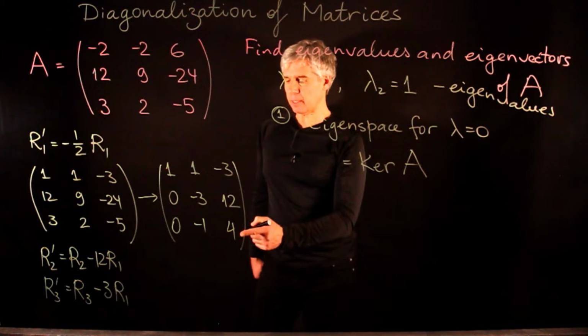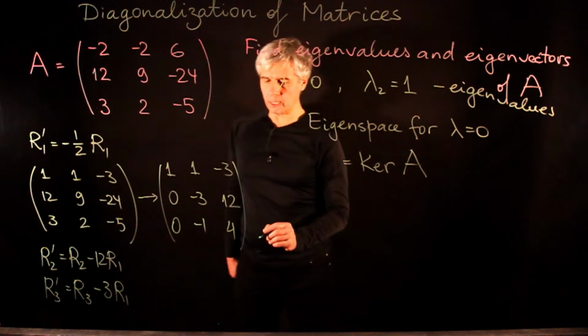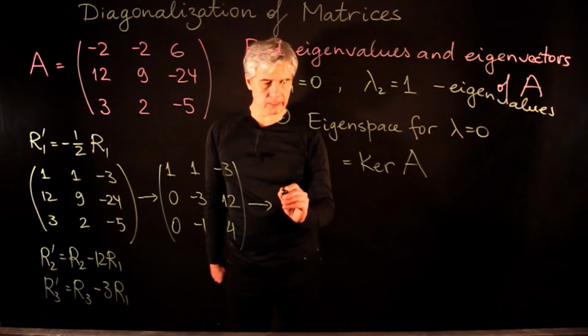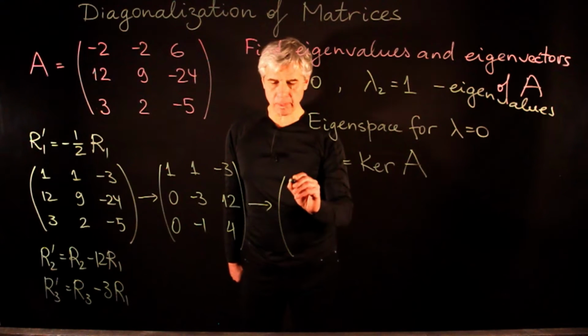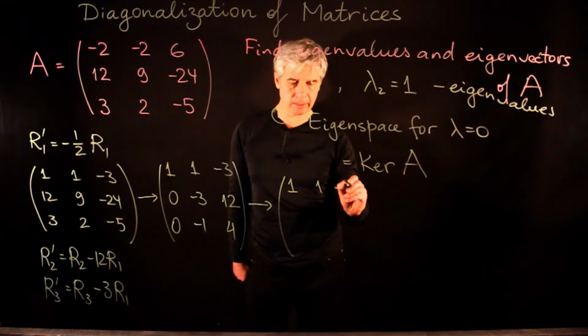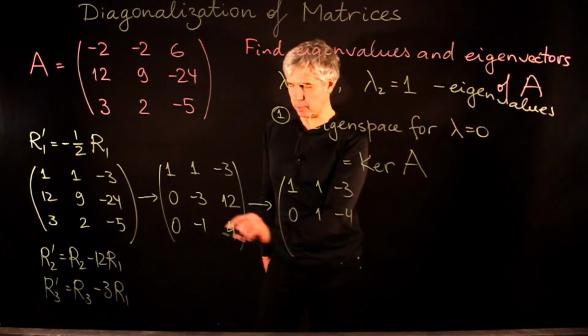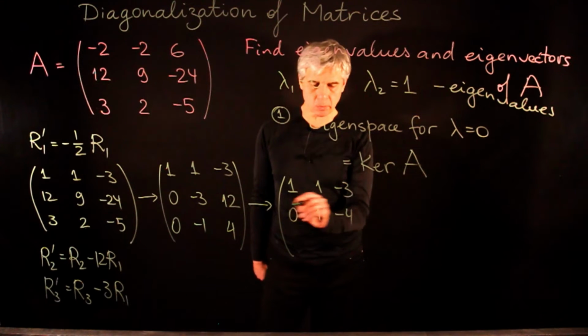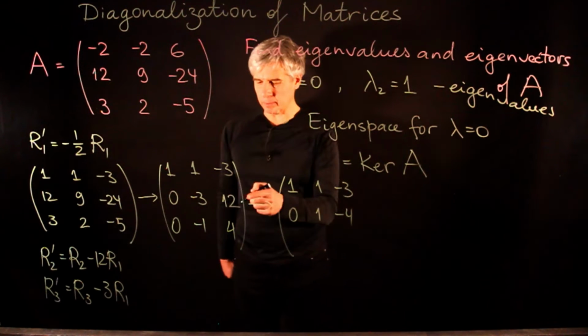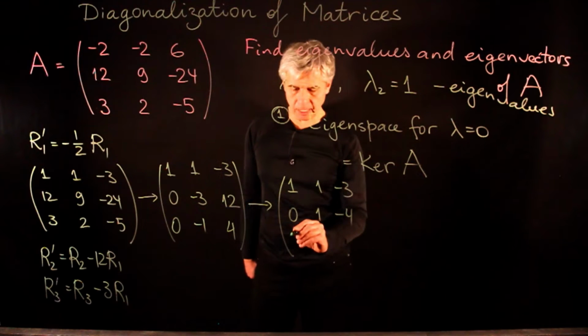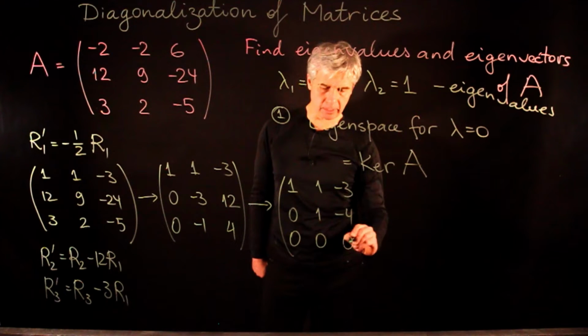Now we see that the last two rows are proportional, and so the row echelon form of this matrix is the following: 1, 1, negative 3, 0, 1, negative 4. If we multiply this row by minus 1, we get this, and the last row will be eliminated because they are proportional, so we'll have zeros.